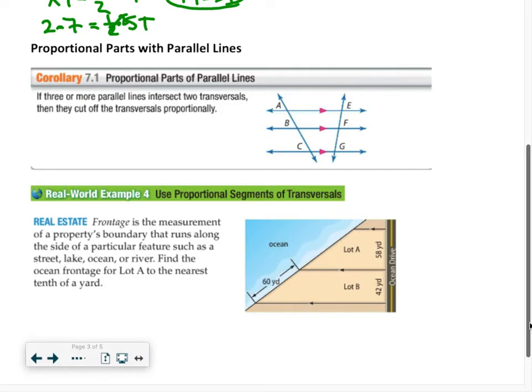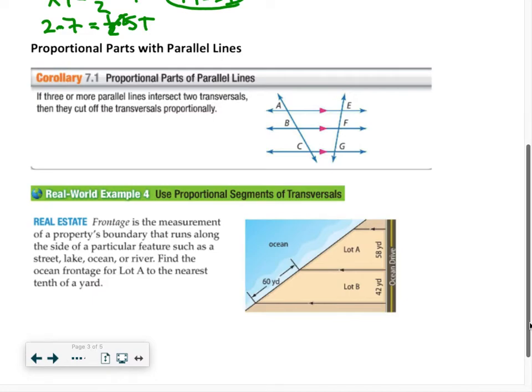Continuing, proportional parts with parallel lines. If three or more parallel lines, like you have here, AE, BF, and CG, intersect two transversals, the transversals are the non-parallels in this example, then they cut off the transversals proportionally.